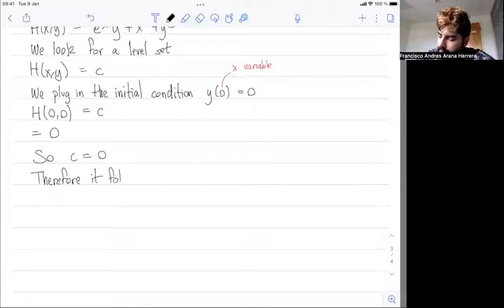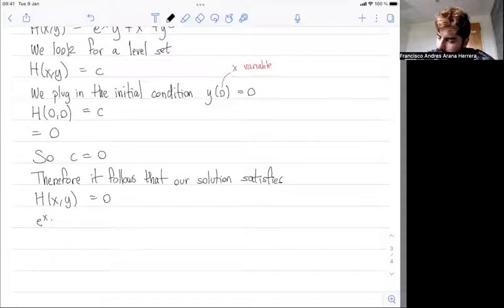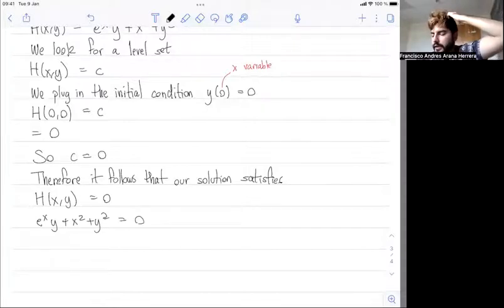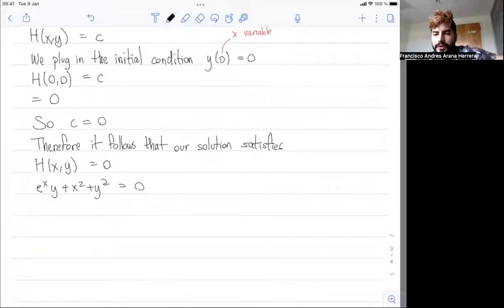So if c is equal to 0, it follows that our solution satisfies h(x,y) is equal to 0. But what is that? That's just e to the xy plus x squared plus y squared equals 0. And this would be an implicit equation, but notice that this is a quadratic equation for y.